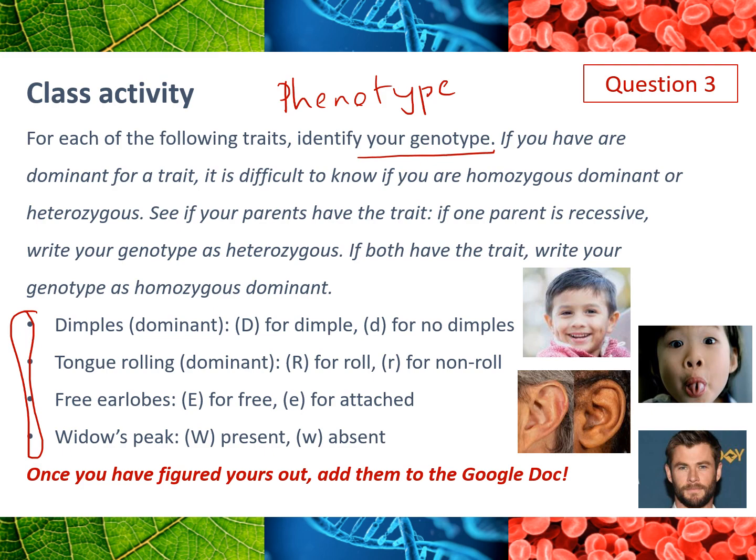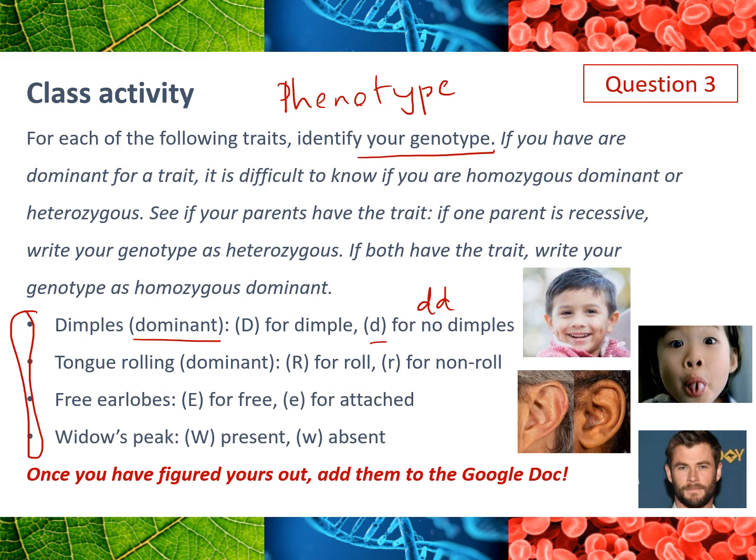So dimples are a dominant trait. So if you have dimples, you are positive for that phenotype. You have it. If you do not have dimples, you obviously do not have that phenotype. If you don't have it, it's quite easy to figure out your genotype because you would have to be homozygous recessive, because you don't have that trait, okay?